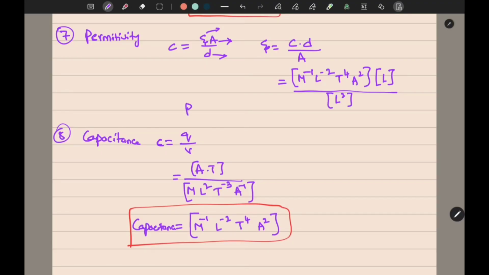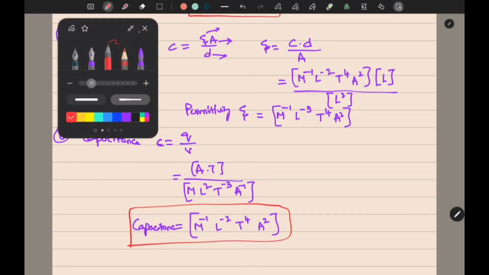From this, the permittivity dimensional formula we get is M inverse L power minus 3 T power 4 A square. This is the dimensional formula of permittivity.